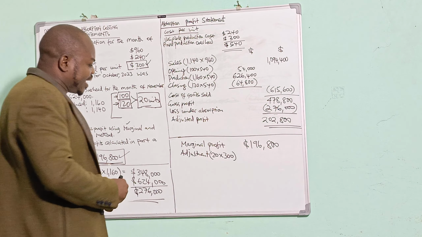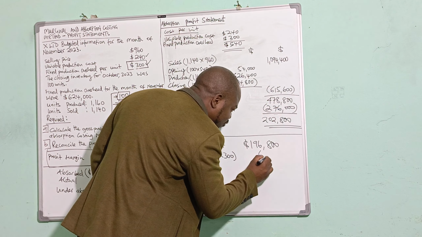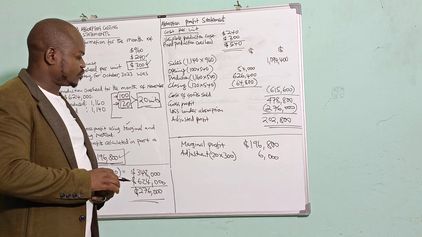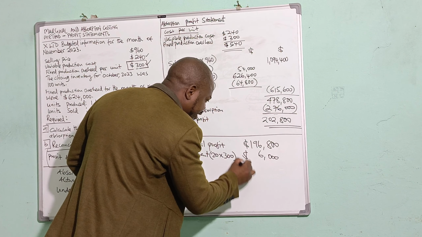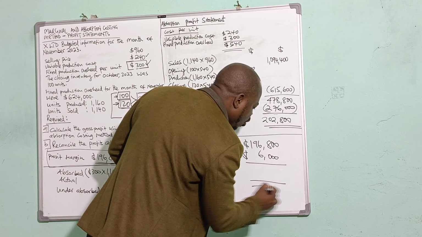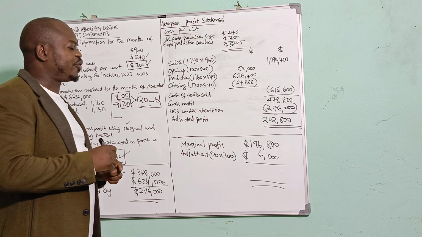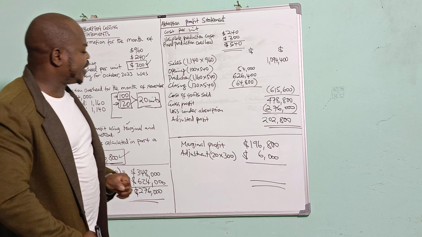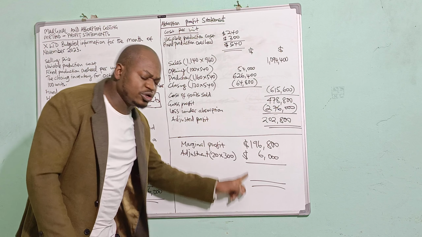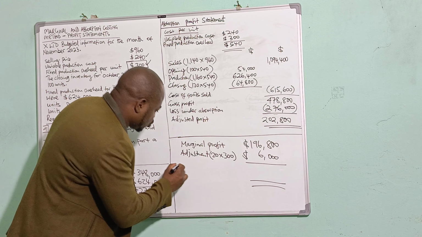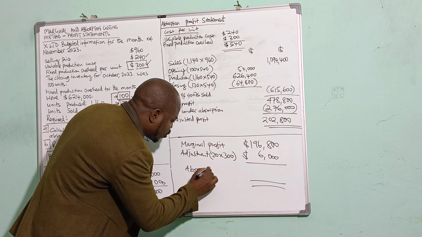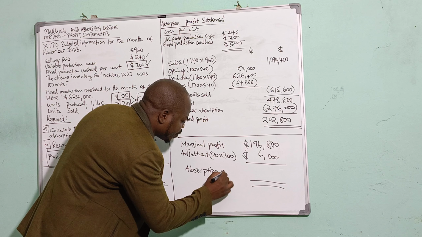So there is a difference of 6,000 in what? In profit recorded between marginal and absorption. And we know for sure that absorption recorded a higher profit than marginal. So if absorption recorded a higher profit than marginal, we are going to add. So when we add, we assume we are going to arrive at the absorption profit.